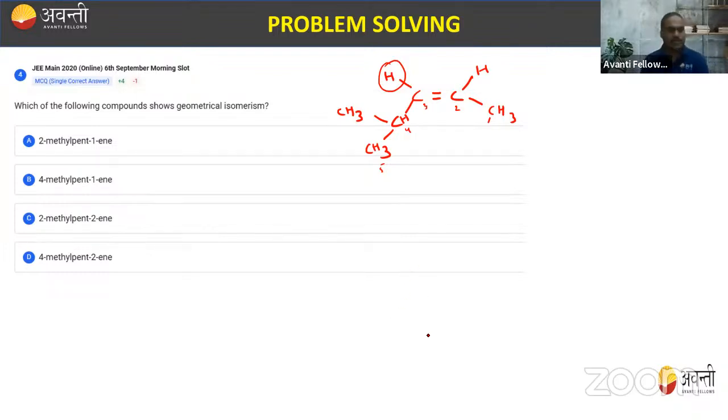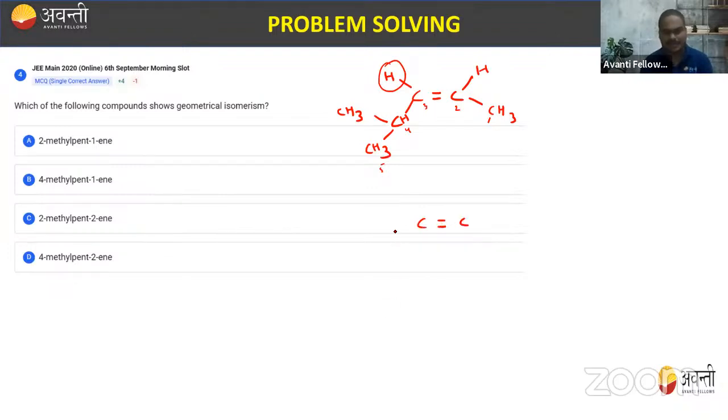Now, is this form cis or trans? Can anyone tell me? Is this a trans form or cis form? Anyone? Now, let me draw another orientation of this.